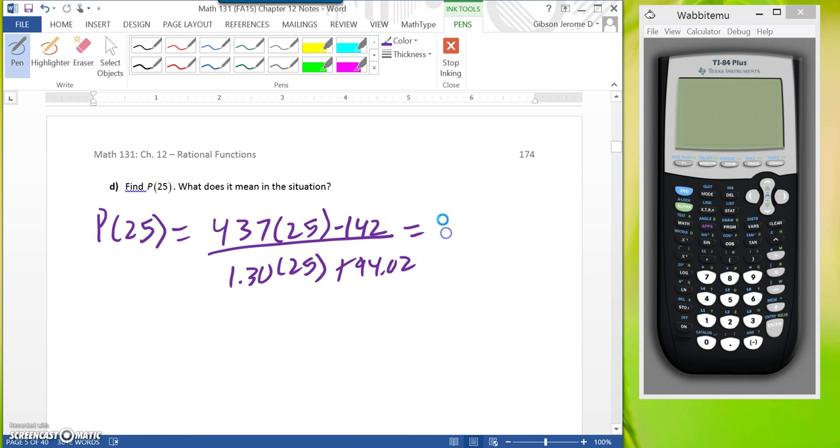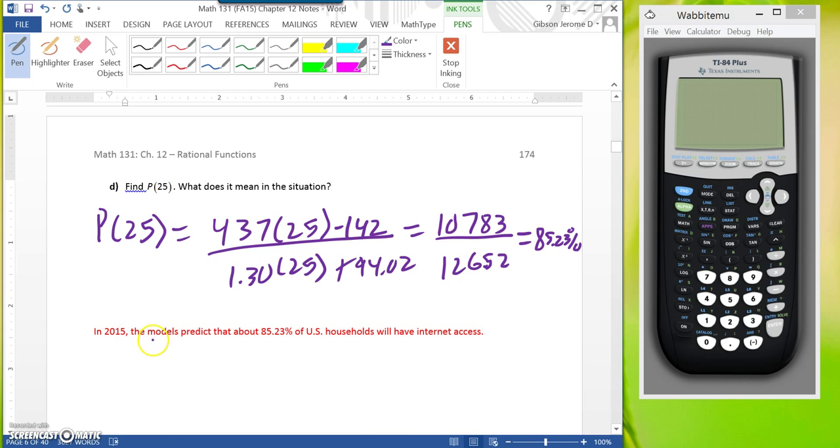That equals 10,783 all over 126.52, which gives us 85.23%. So what this means is in 2015, the models predict that about 85.23% of U.S. households will have internet access.